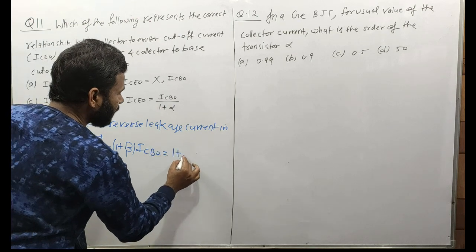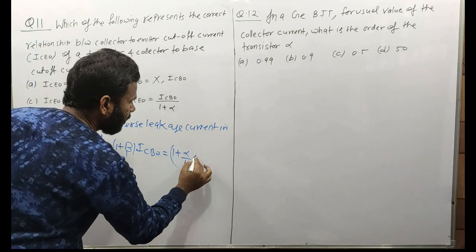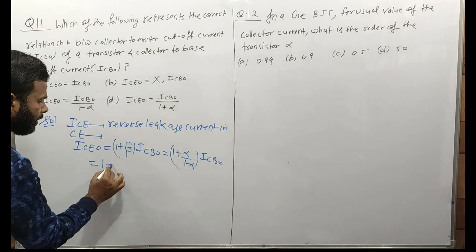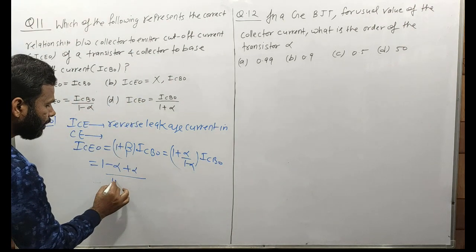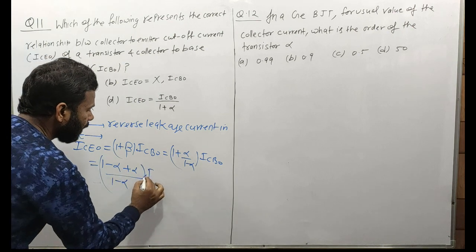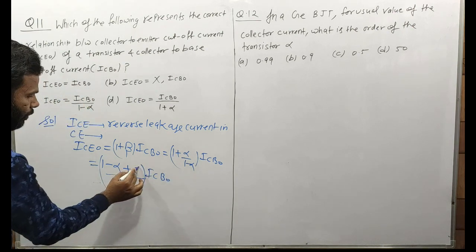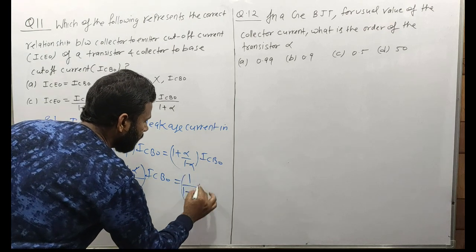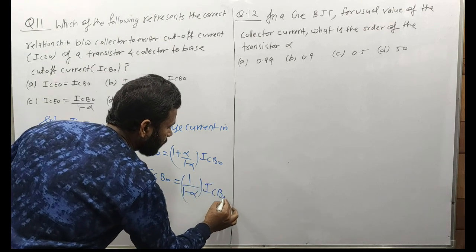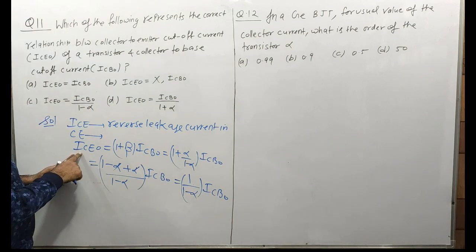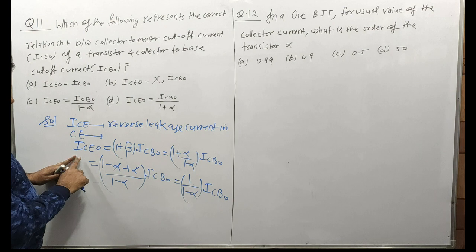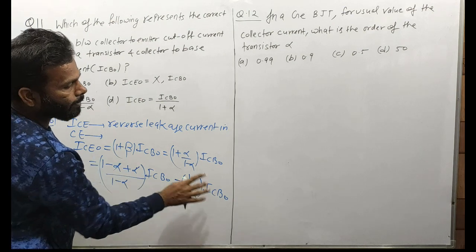Beta is alpha upon 1 minus alpha. Then if you solve this, 1 minus alpha plus alpha upon 1 minus alpha into ICBO. Then alpha and alpha cancel out, and the answer is 1 upon 1 minus alpha into ICBO. Clear? So the relation between the common emitter leakage current and the common base leakage current is ICEO equals 1 upon 1 minus alpha times ICBO.